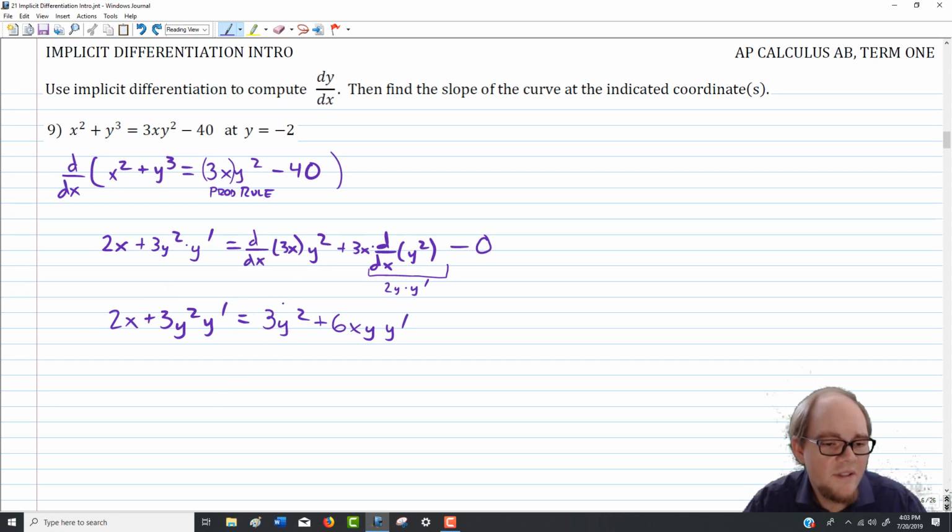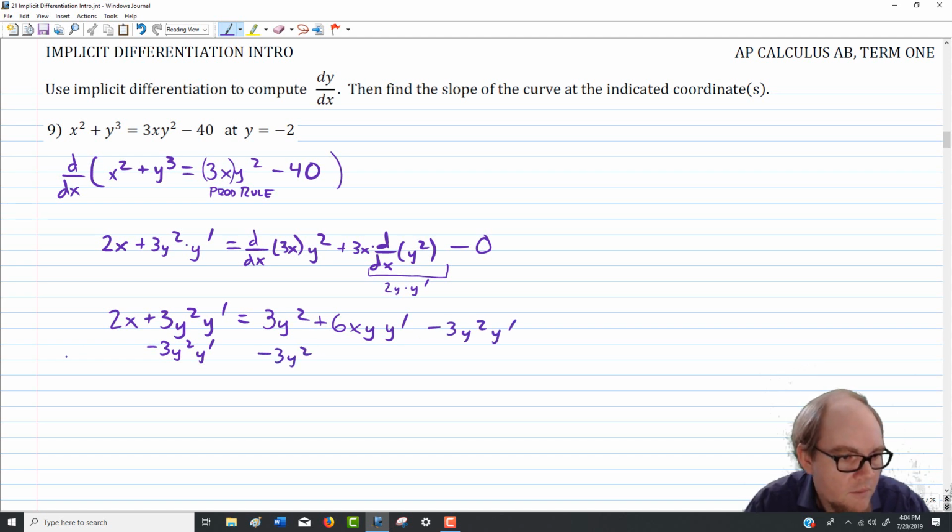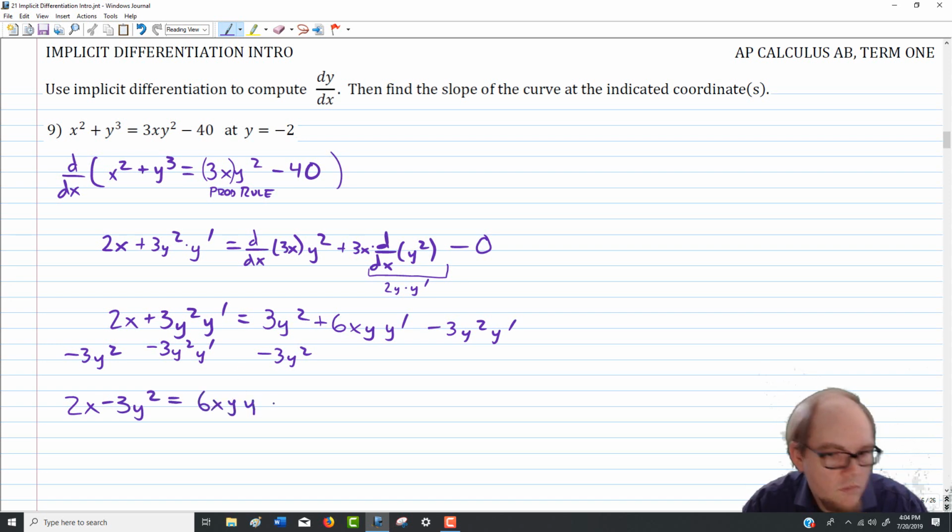So for the sake of simplicity, I'm going to subtract 3y squared y prime over, and then I'm also going to subtract 3y squared. So cleaning some pieces up here, we're going to get 2x minus 3y squared is equal to 6xy, yep, 6xy minus 3y squared, but both of those were multiplied times the y prime.